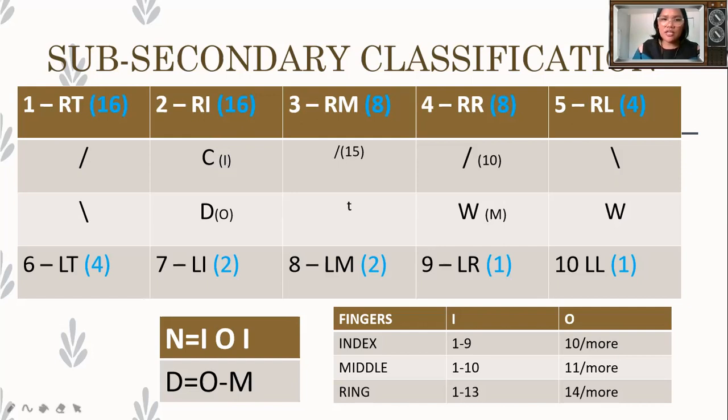So the tracing is inner, it is I. So copy I. Then in here, it is a radial loop having a ridge count of 15. So it is at the middle. So where can we look for 15 in here at the middle? Is it I or O? So the answer is O. Kaya we copy O.